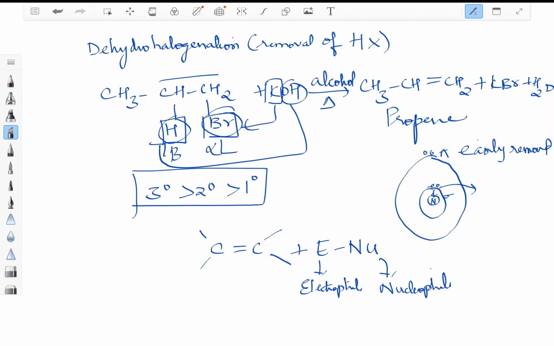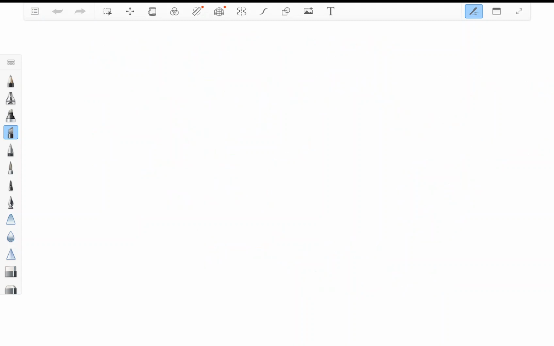When alkene reacts with an electrophile and a nucleophile, you need to remember one thing. We have already prepared it. How it is prepared by beta elimination, that story is finished. Now the new story we are trying to understand here is what happens when it reacts. Who is reacting? Alkene is reacting.